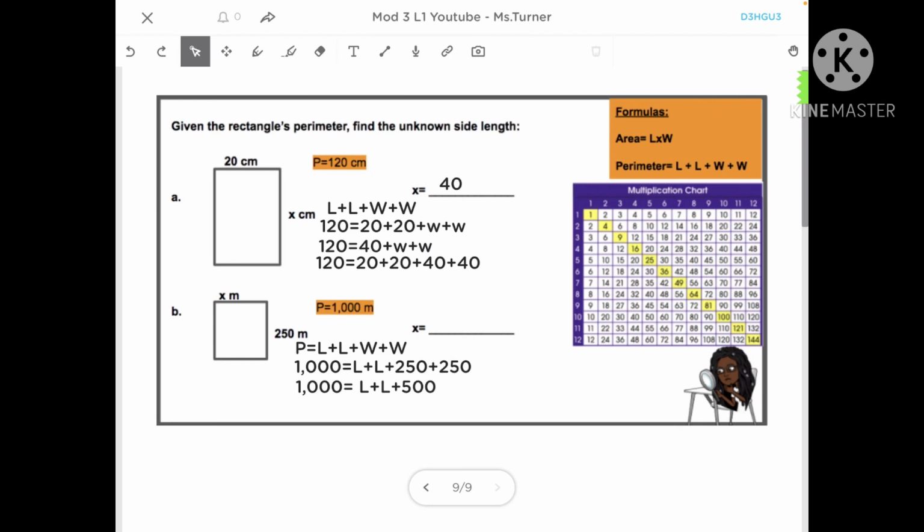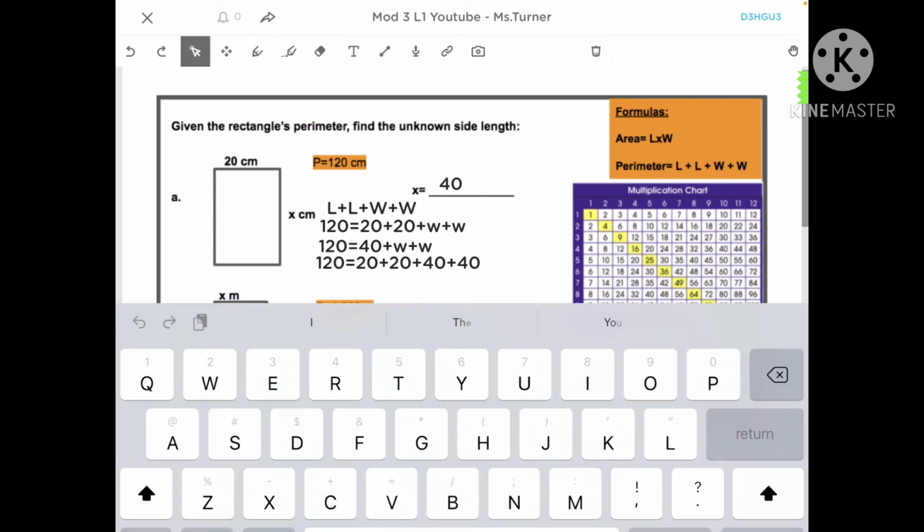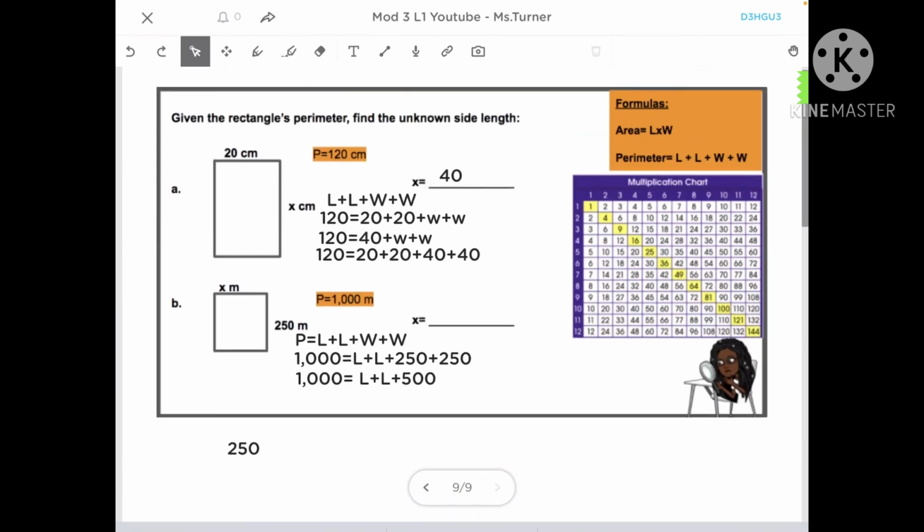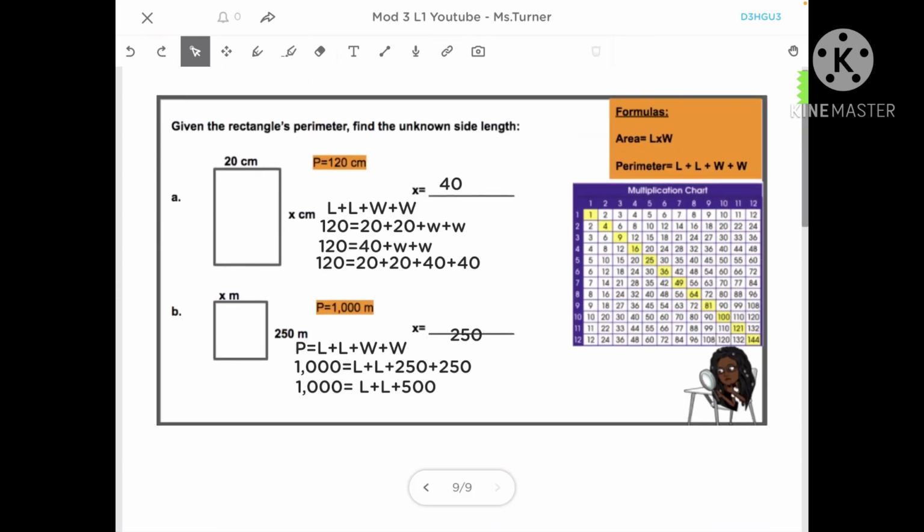So let's think for a second, because 500 gives us the combined total of these two lengths. I just need to figure out what one of the lengths is. So what's half of 500? Good thinking. Yeah, 250. So my unknown length here was 250.